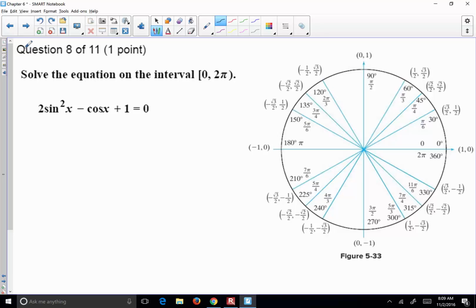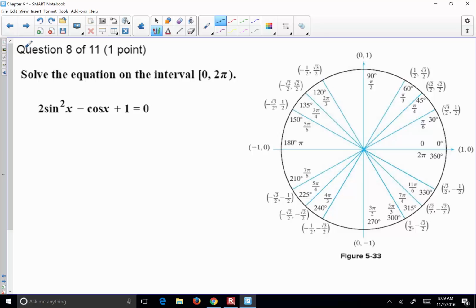First one is sine squared, the other one is cosine. I don't see anything common. But you need to factor. You can't solve this like that. It's a must. Factoring is not optional. We must factor it. And I don't see anything common because the first trig function is sine, the second function is quite different, cosine.